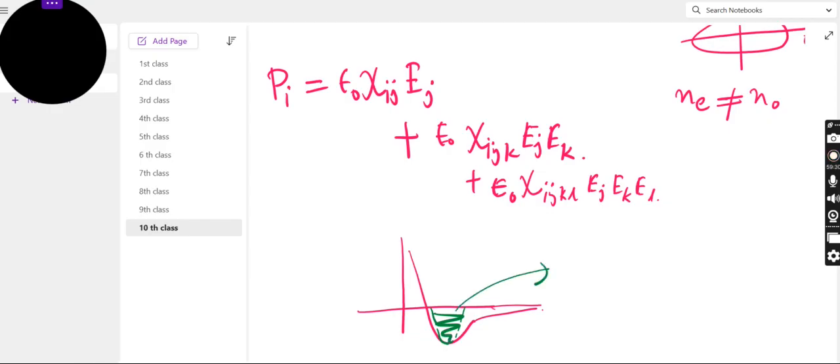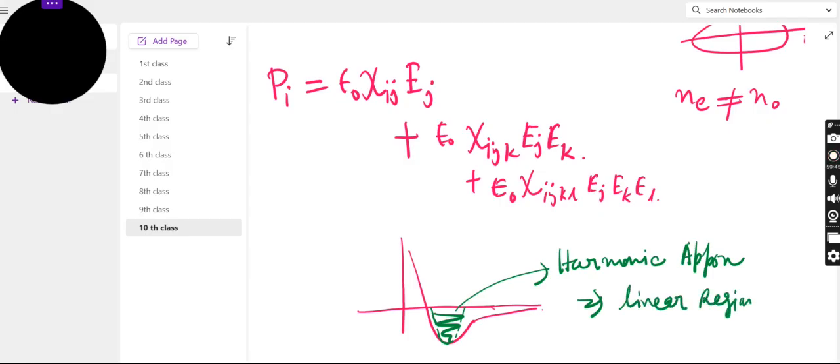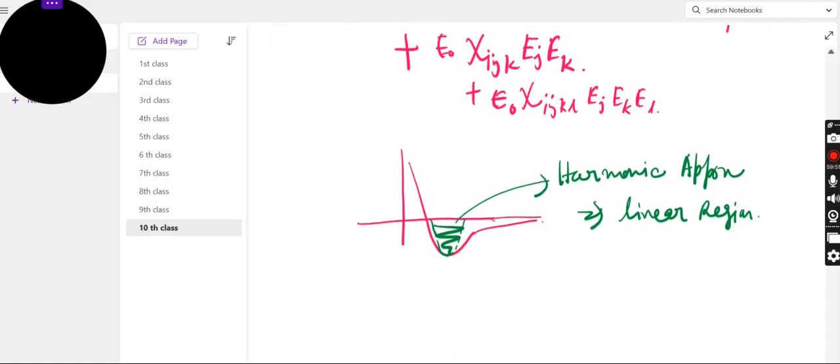That is the harmonic approximation, and that denotes the linear region. But when that potential energy departs from the harmonic approximation, it is basically a nonlinear region.